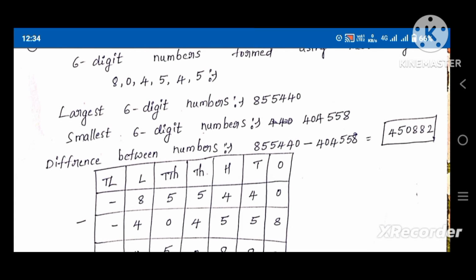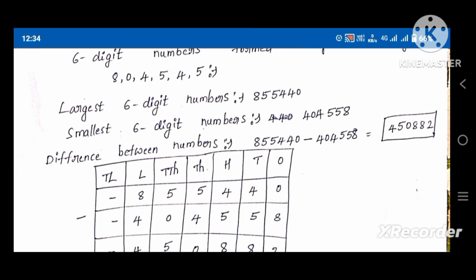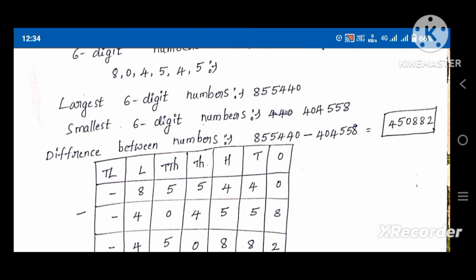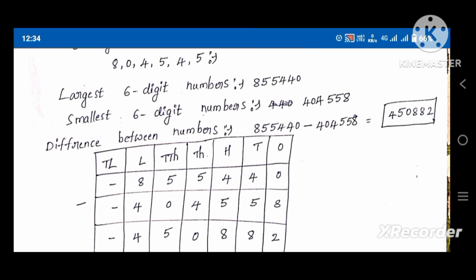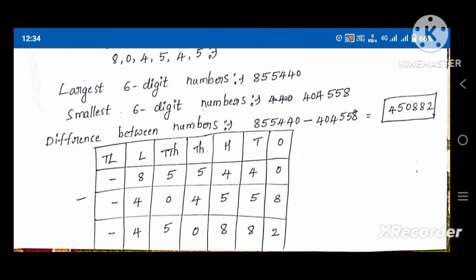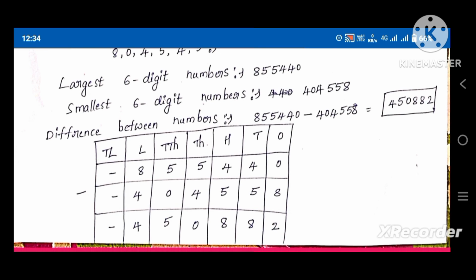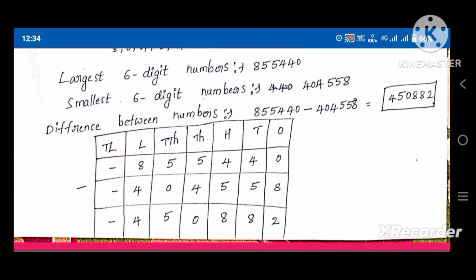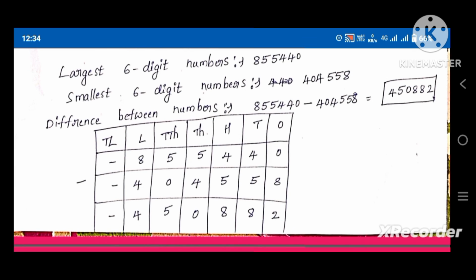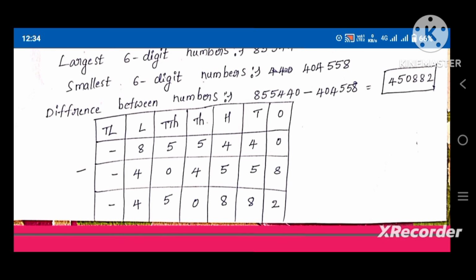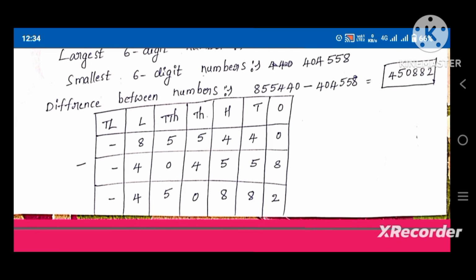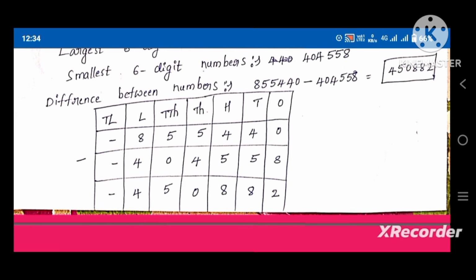Smallest 6-digit number: 4,04,558. Difference between these numbers: 8,55,440 minus 4,04,558 is equal to 4,50,882.